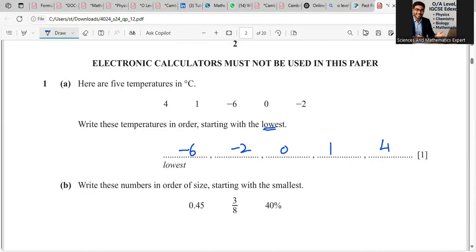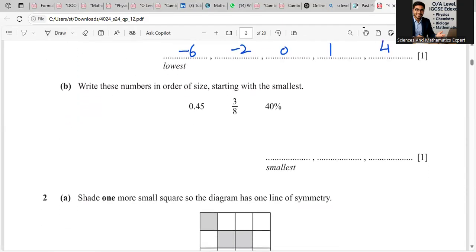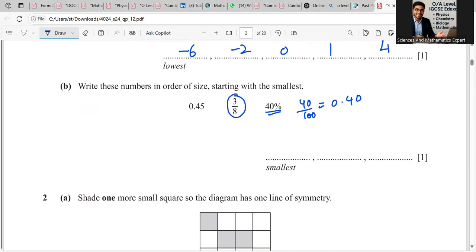After that, he is saying write these numbers in order of size, starting with the smallest: 3/8, 0.45 and 40%. 40%, we know, is 40 over 100, which we can write as 0.40. For 3/8, I will simply say that 3 should be kept in and 8 should divide.